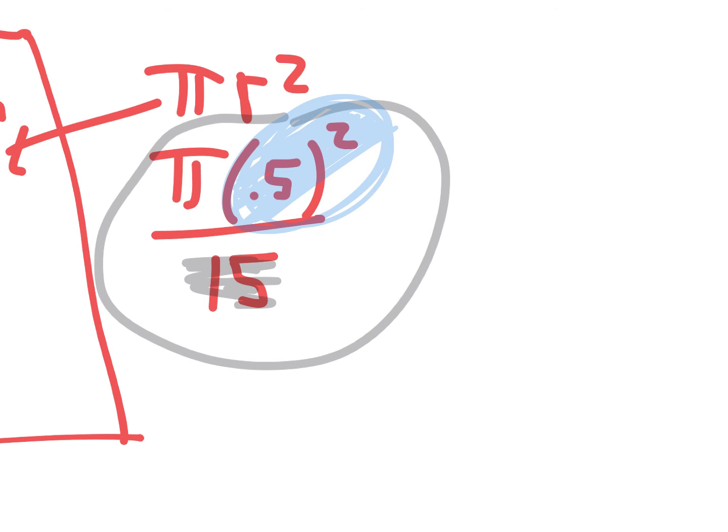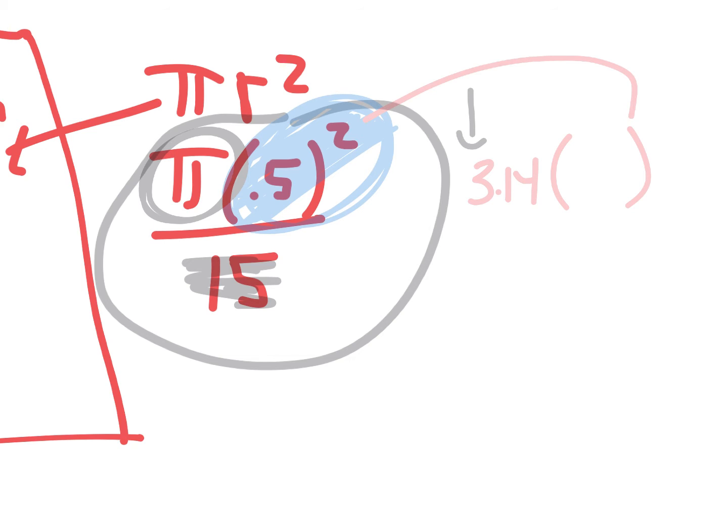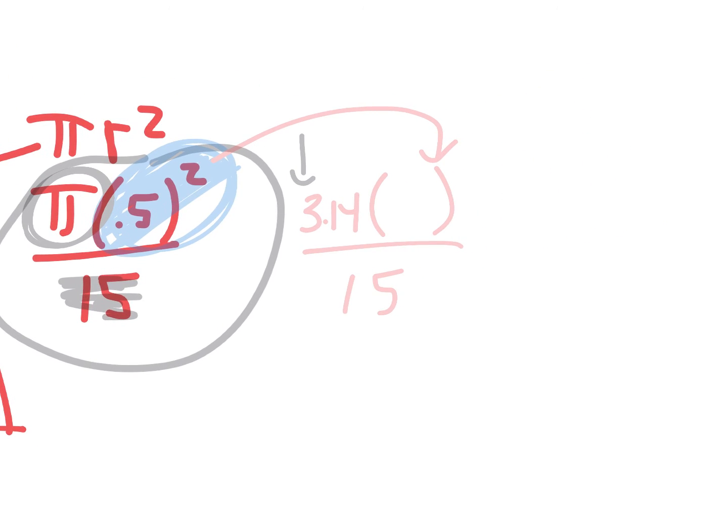Yeah, so if you use 3.14 for this, and Sam, what's the other one? 3.14 times what? This, 0.5 squared. It's all divided by 15. What'd you get for 0.5 squared?